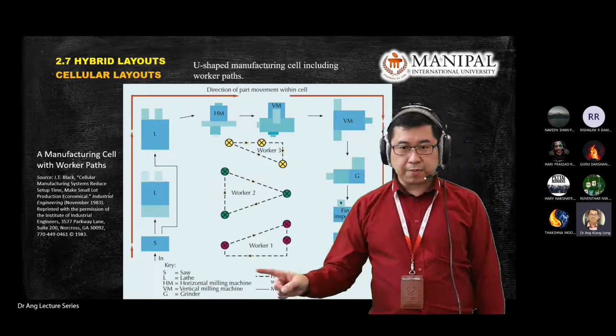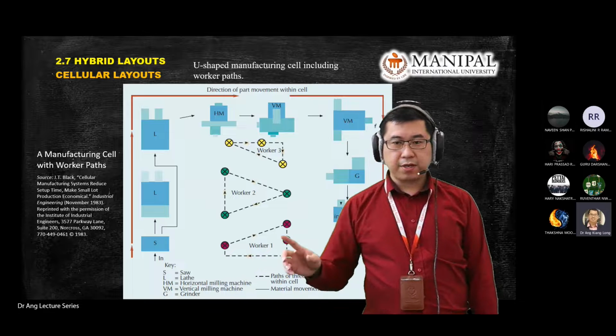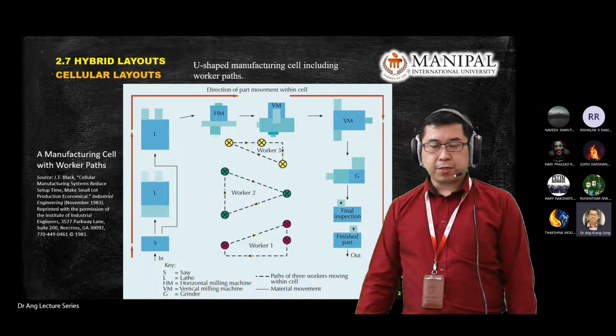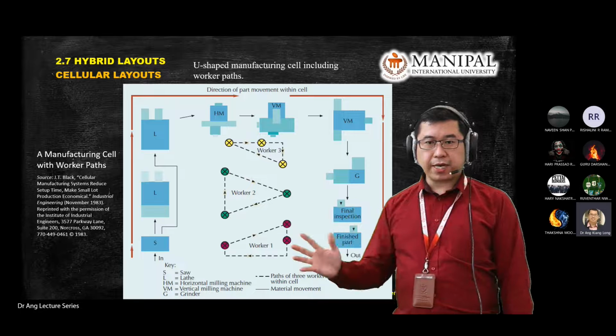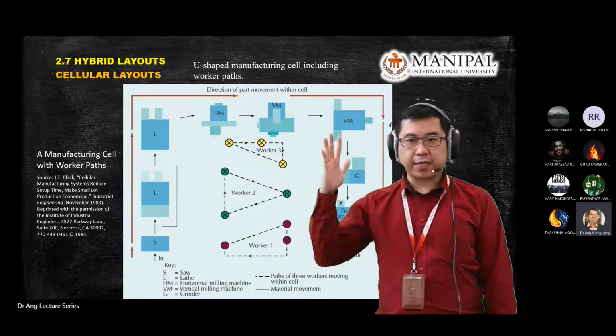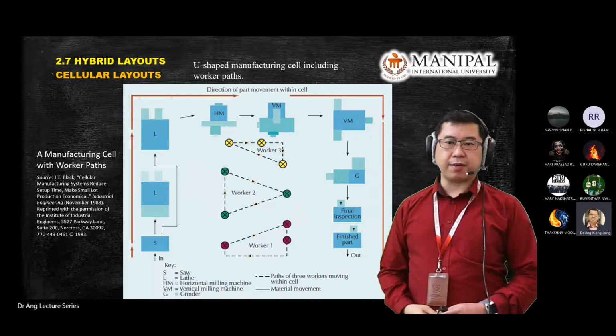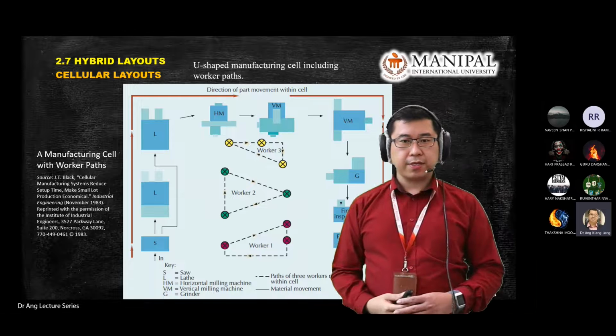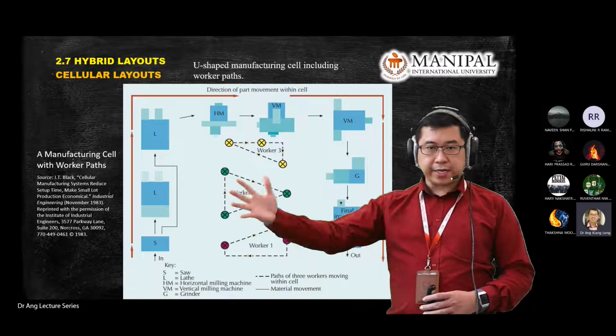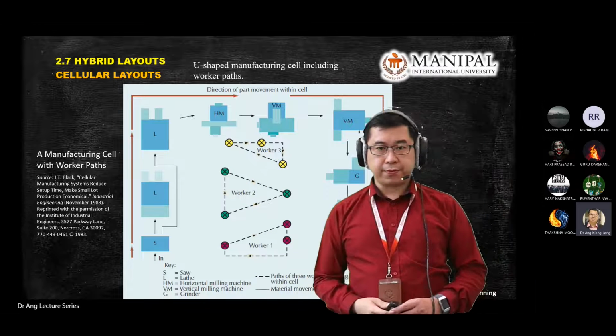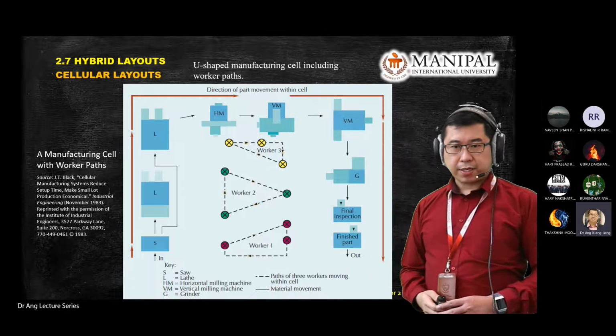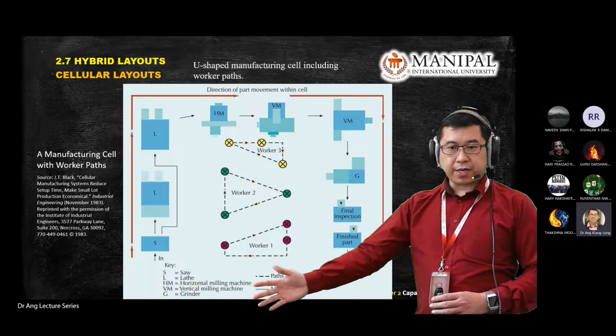This worker is also the same, right? It's a different pattern also. So it means that in a circular layout, this is what is expected in the cellular layout arrangement. Okay, I hope you can get the idea of what cellular layout is about. The rest you can read.